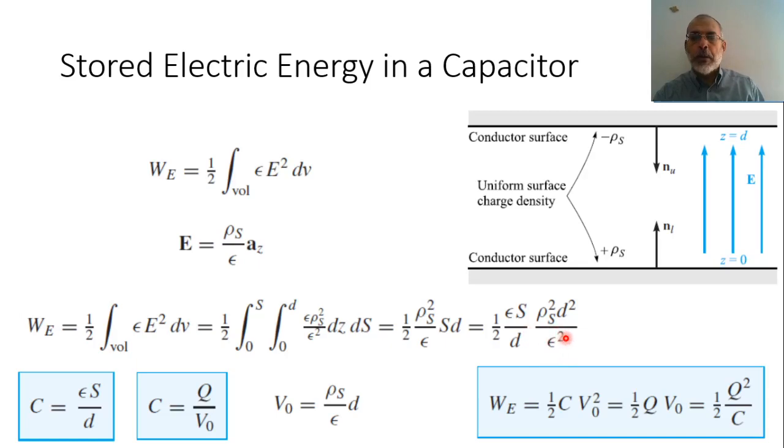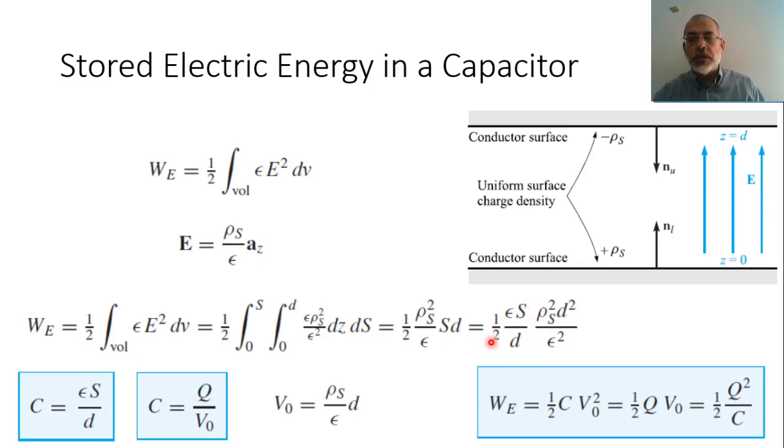Alright? Okay. Now, rho surface over epsilon D is actually the potential V naught. So this is half epsilon S over D multiplied by V naught squared. But the value epsilon multiplied by the surface area over the distance between the two plates is effectively the capacitance.